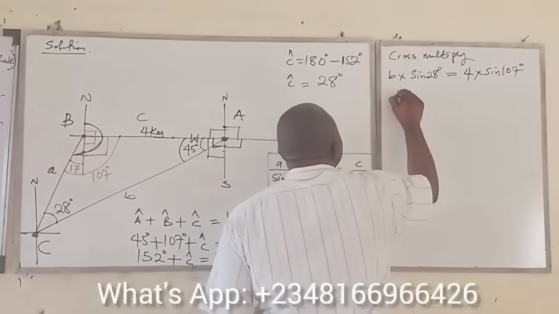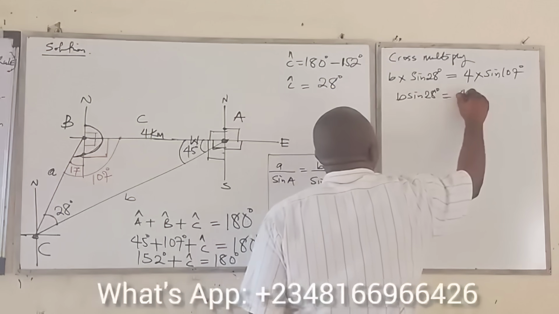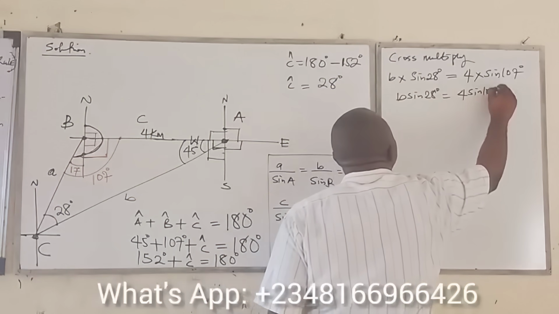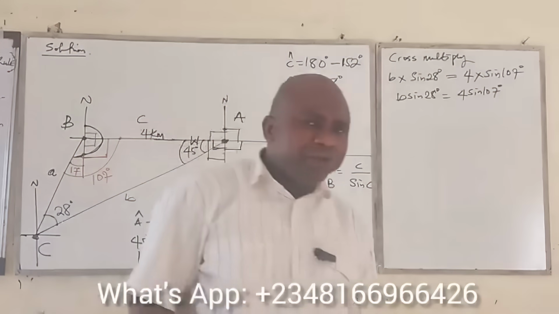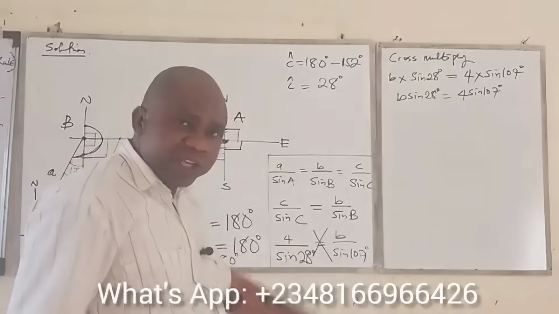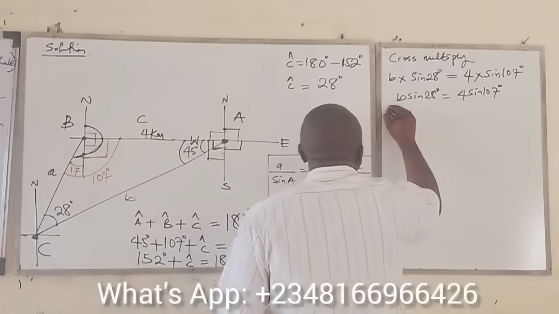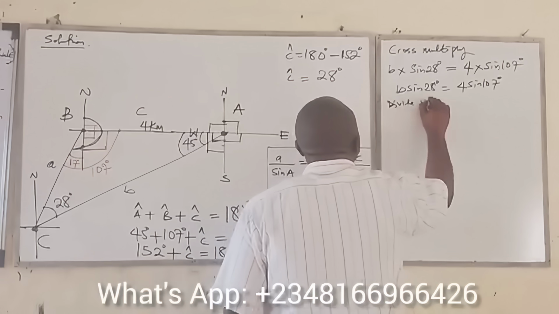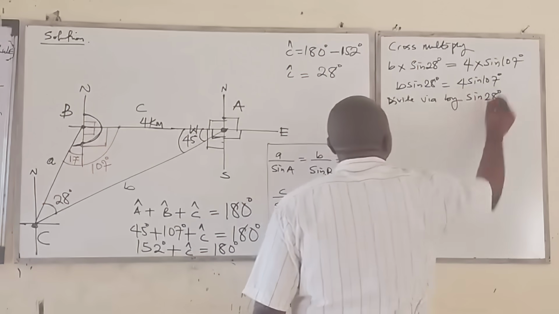It means b sine 28 degrees is equal to 4 sine 107 degrees. So to get the value of b, we have to divide both sides by the coefficient of b, and the coefficient of b is sine 28 degrees. So divide through by sine 28 degrees.